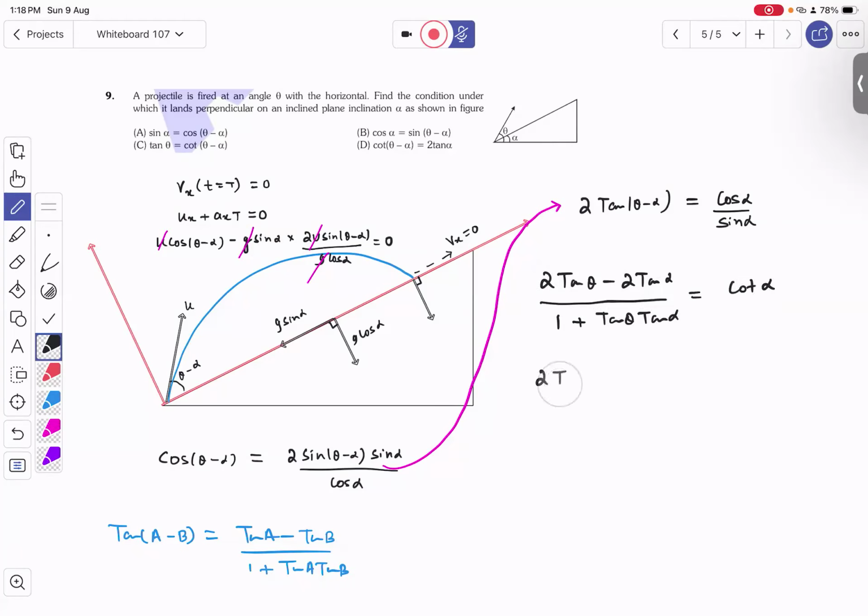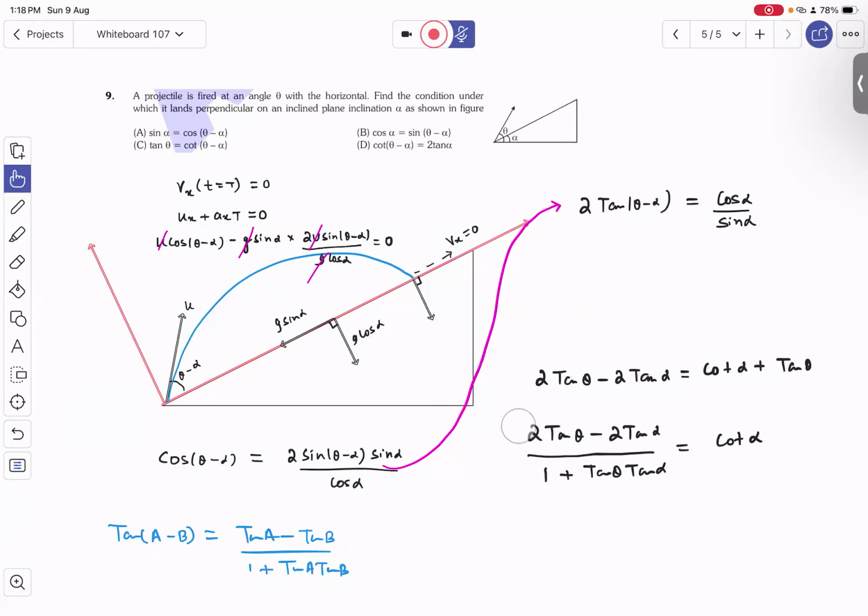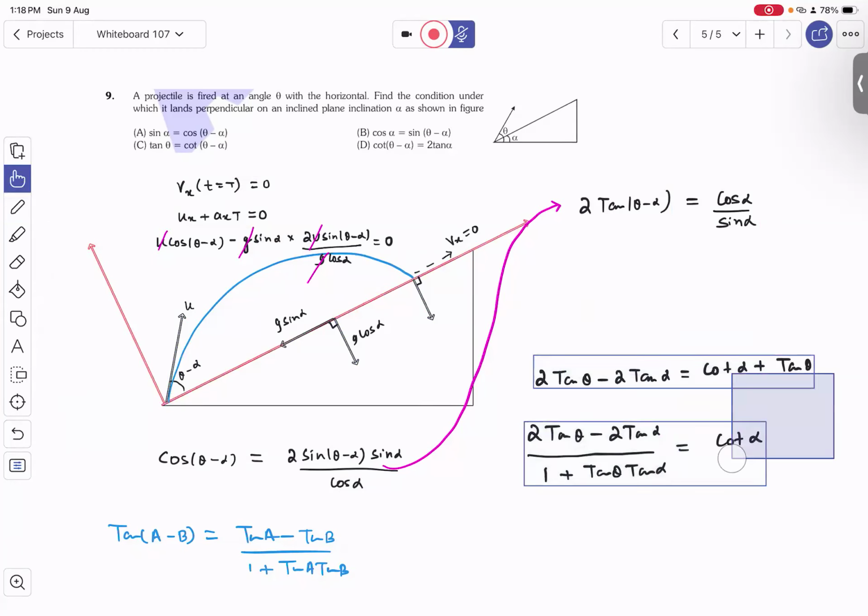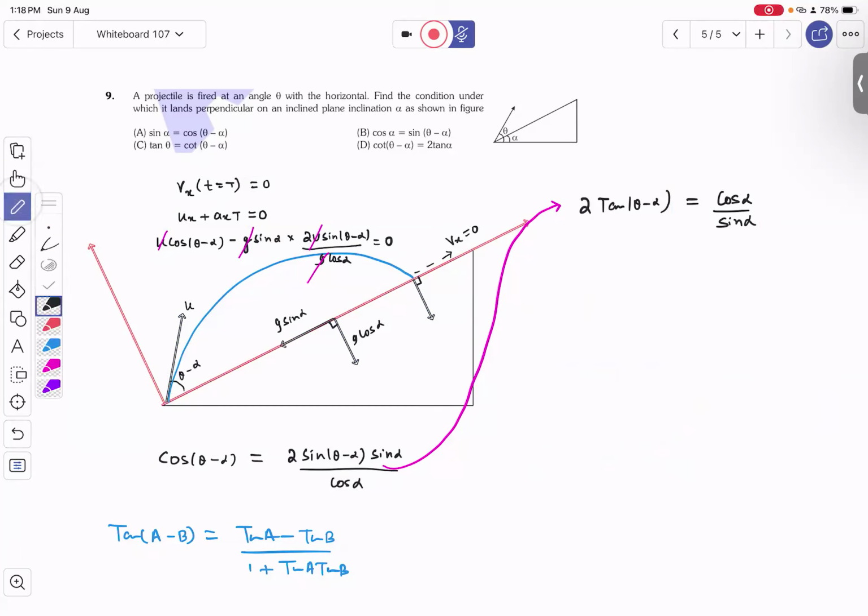So 2 tan theta minus 2 tan alpha, throw the denominator of LHS to RHS, that will give you cot alpha plus tan theta, correct? So I'll take tan theta to this side. This much is giving us the answer, no? I don't have to solve any further. We got one option matching in spite of this.